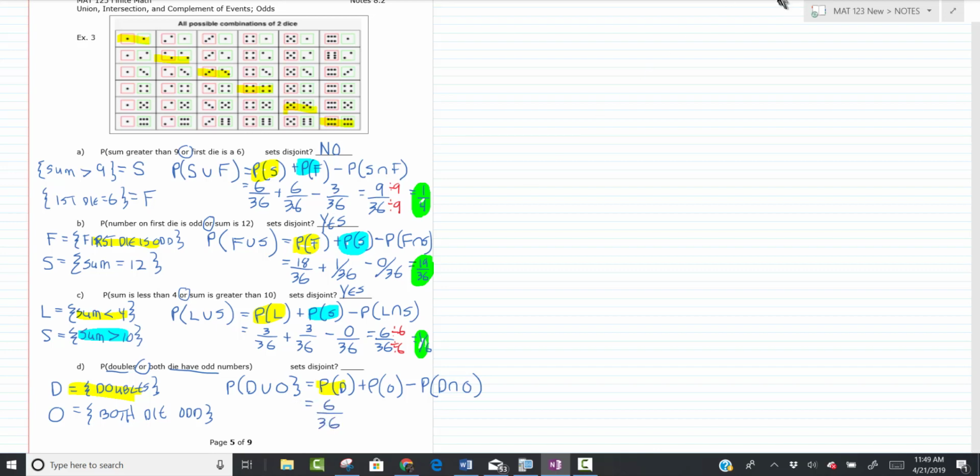Okay, take a different color and we'll do both die are odd. Okay, there's going to be some overlap in here. So that would be an overlap there. Both die are odd. Both die are odd there. Both are odd there. You can forget about this one. That would be a good one. This would be a good one.